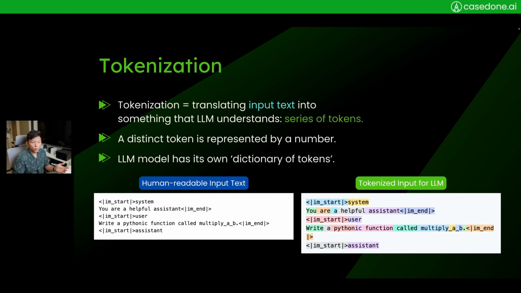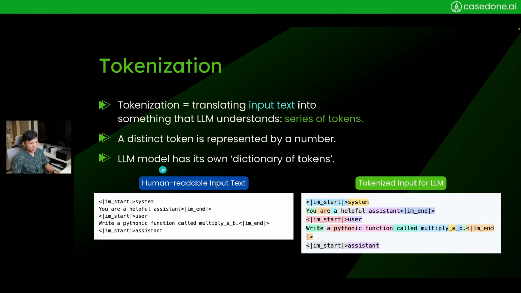So maybe in the actual world of human languages, we might have 500,000 tokens, but if the vocabulary is only 300,000 tokens, then 200,000 human language tokens will be collapsed into just an unknown token for the LLM to understand. Basically, each LLM model needs its own dictionary of tokens, and tokenization is the process of translating human language text into a series of tokens inside that LLM's dictionary.